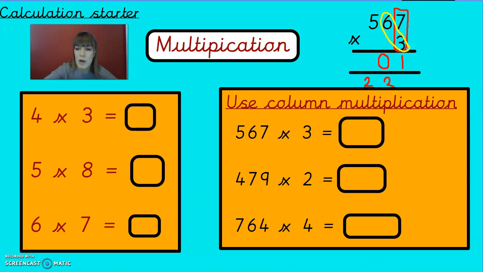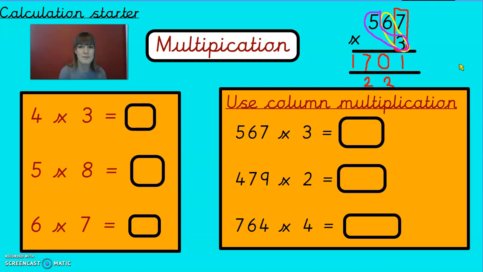And then the last one would be 5 times 3. Let's see if I can try and draw that. There we go. 5 times 3 is 15. I need to add my 2, which would be 17. So my answer is 1,701. I want you to pause the video now and have a go at those questions on the screen.